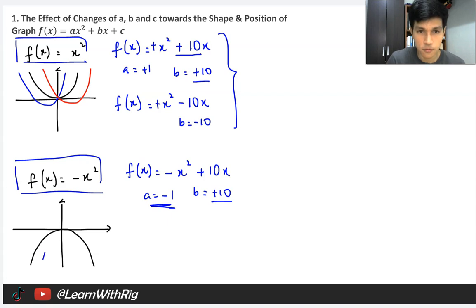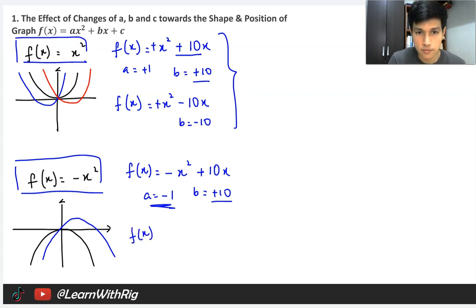Your graph looks like this. For the top question, if it's a positive graph and you get a positive b value, you move towards the left. But for the bottom, a negative graph with a positive b value, you move towards the right. And vice versa for a negative b value.